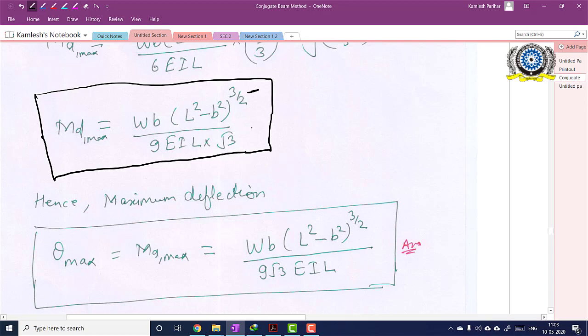This is simple mathematics, you can put the value and solve it. And this is again Y max. It is written theta max. Sorry, it's not theta max, it's basically Y max. So what is Y max? It is equal to MD max, equal to WB (L square minus B square) to the power 3/2 divided by 9 root 3 EIL.